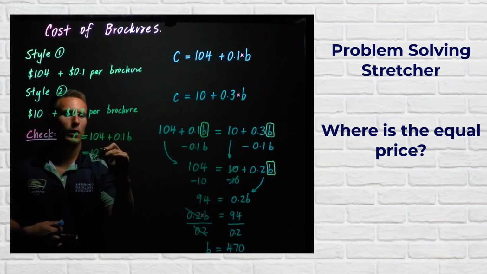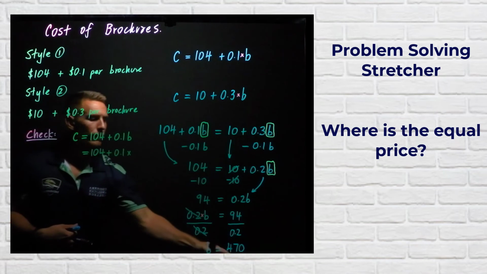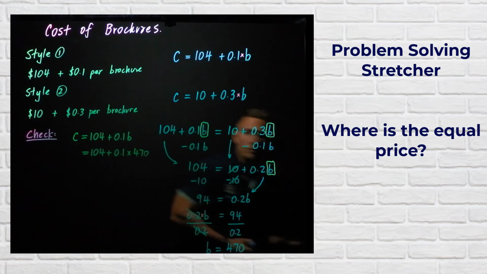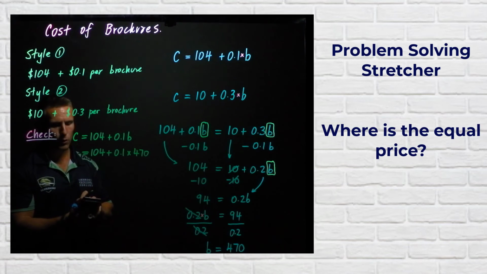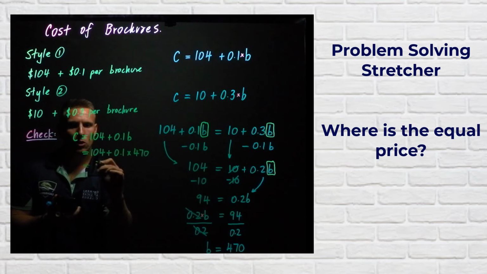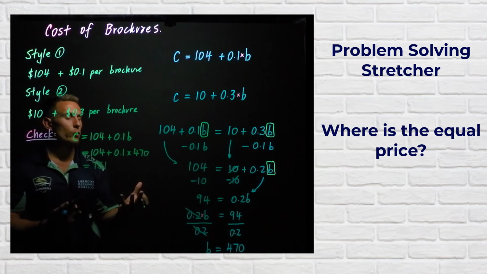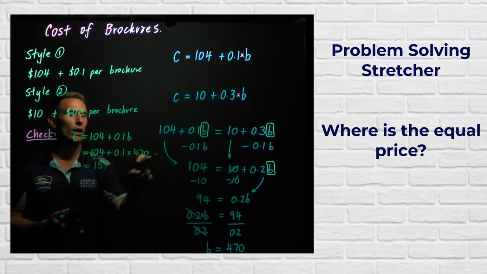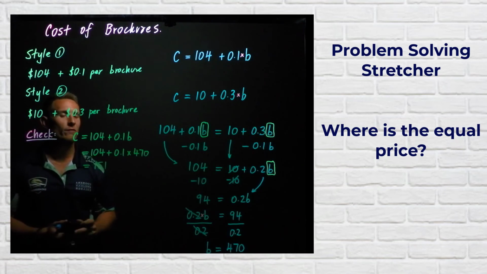So I'm going to write 104 plus 0.1 multiplied by 470. Now I'm going to grab my calculator and put that in. 104 plus 0.1 multiplied by 470, and that tells me the cost is going to be $151. So if you were to produce 470 brochures, it would cost $151.